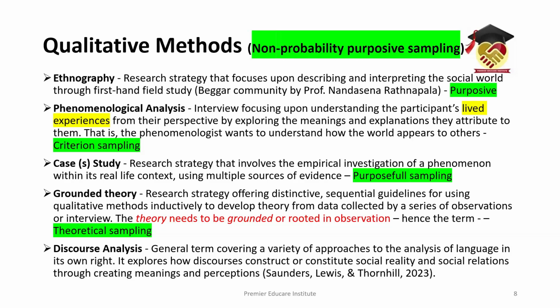That means you are targeting the group you want to investigate straight away. Purposive, judgmental, right? Number 3, case studies, as everybody knows. Again, purposive sampling: if you want to study Keells supermarket, then you have to take Keells, not Cargills, right? Like that.